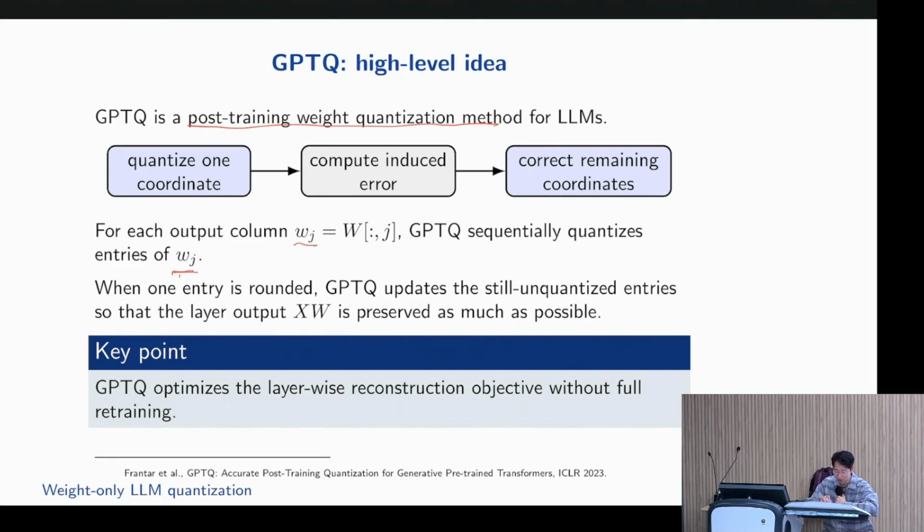So what I mean by post-training weight quantization: there are two different areas where people approach quantization. One is, after quantization, are you allowed to fine-tune the quantized network or not? So in post-training approaches, you don't retrain the model using data.